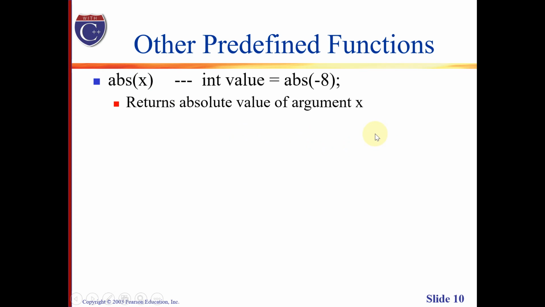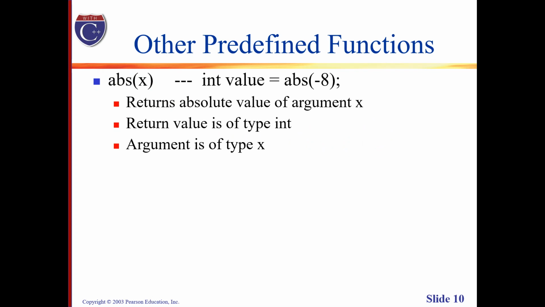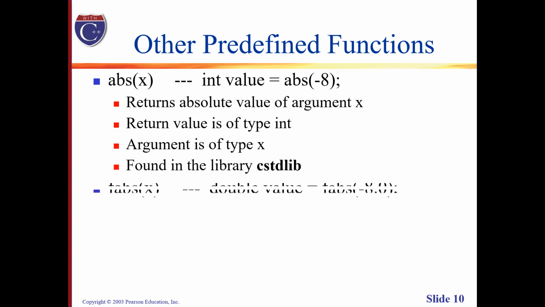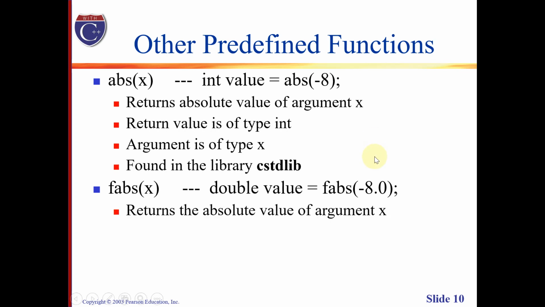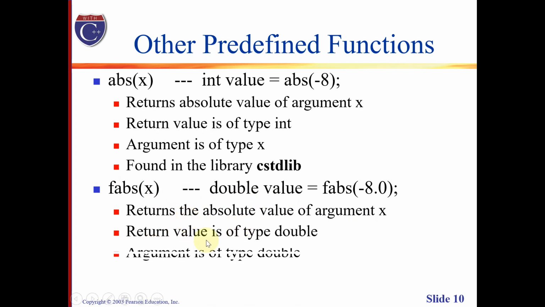For instance, here's another example. What it does is it returns the absolute value of the argument x of data type x, which in this case, double.